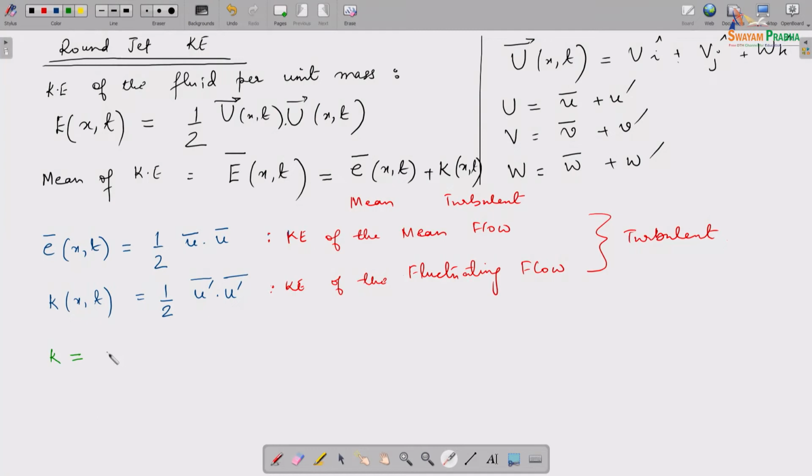So if I were to write it for all the three directions, then what I would get is half of the fluctuating part.